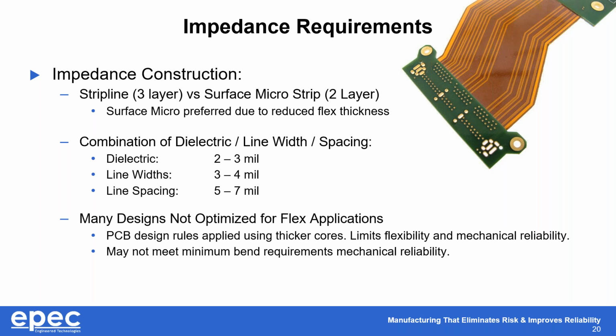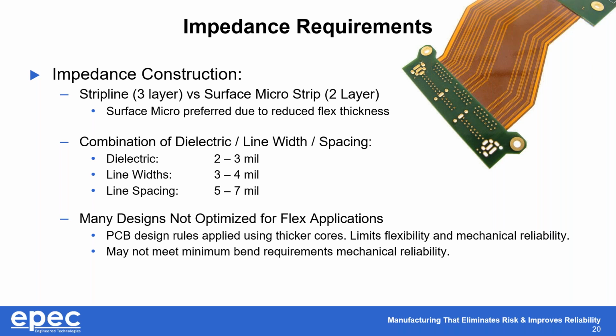First is the construction of the impedance. Does the customer require the impedance to be configured as a strip line 3-layer construction where you'll have a reference plane, a signal layer, and then a reference plane? Or is a surface microstrip, a 2-layer configuration of signal layer and reference plane, going to meet their requirements?